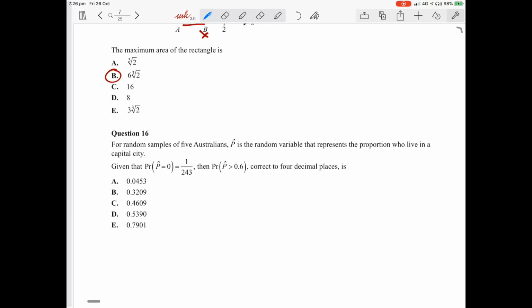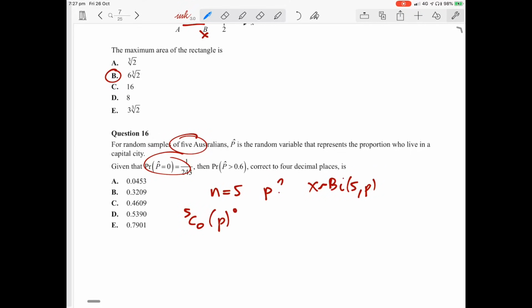Okay, random samples of Australians. Fortunately live in the city. 5 Australians, so n equals 5. What's P? We don't know what P is. So X is binomial 5, P. If I want that 0, I've got 5 choose 0, P to the 0, 1 minus P to the power of 5.